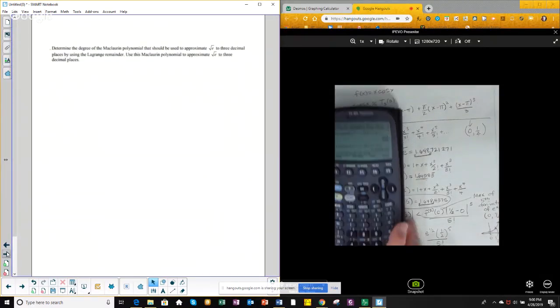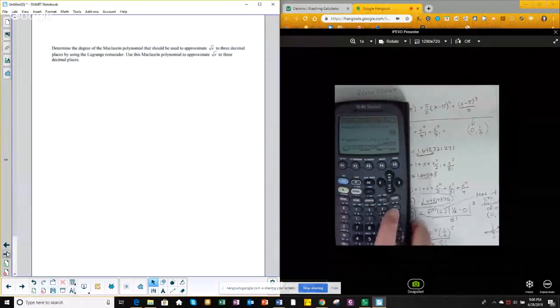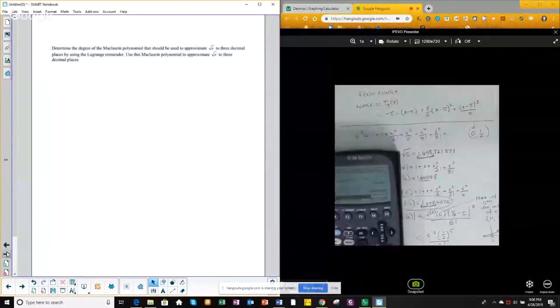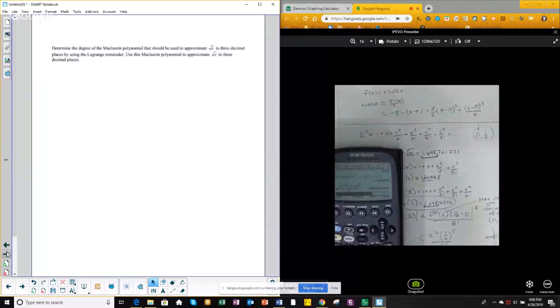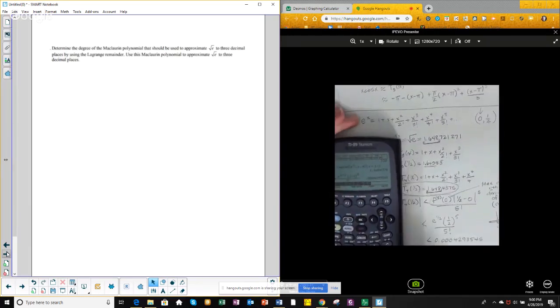You get the factorial button by hitting diamond divide, and that's going to give us a decimal here. What do we get? We get 0.0004293545.